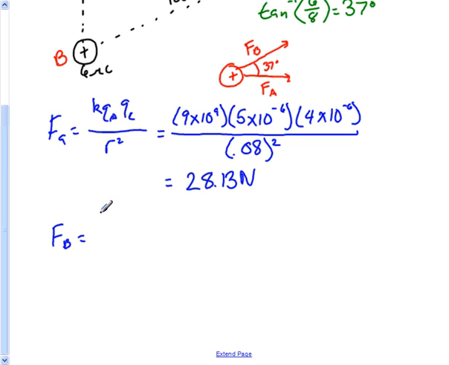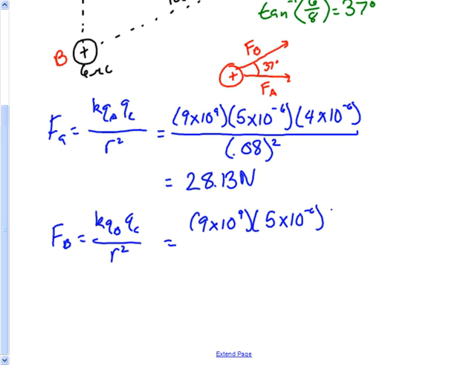We continue on and do the exact same thing for FB, and that is again KQQ over R squared, dealing with QB instead of QA, and the distance between them. So 9 times 10 to the 9th multiplied by, excuse me, we're not dealing with 5 anymore, I was just recopying. This one is dealing with 6 times 10 to the negative 6, and C stays the same, 4 times 10 to the negative 6.